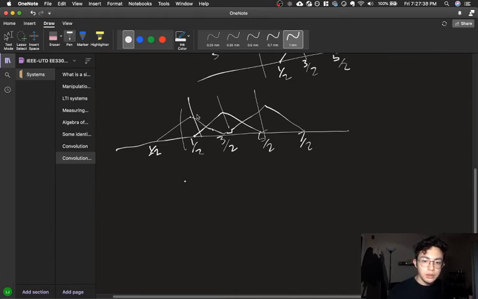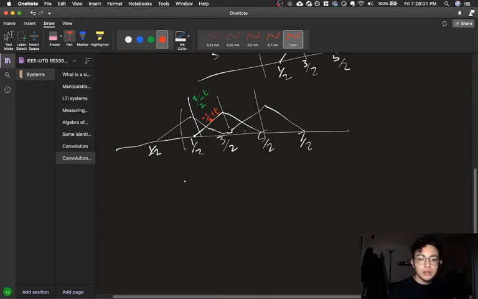So this line is, I'll use a different color here. It's green. So this is 3 halves minus t, and then this one is 3 halves. So this one's minus 1/2 plus t.